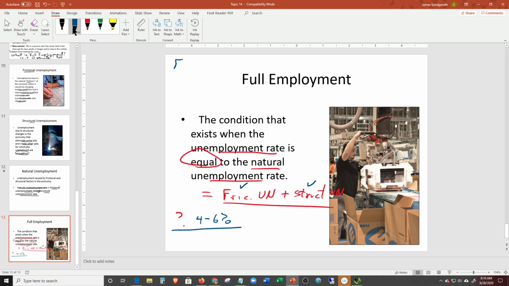And that is, let me spell it out, the full employment unemployment rate. Sounds like a contradiction in terms, right? Full employment, unemployment.